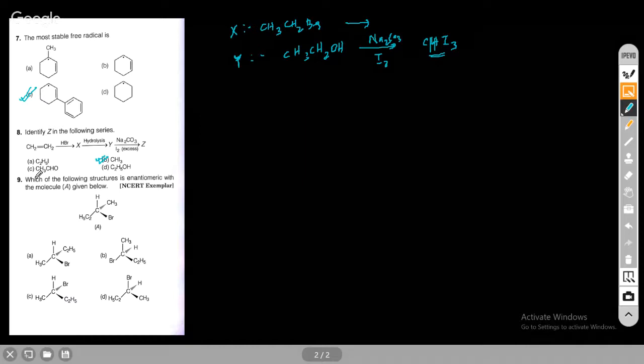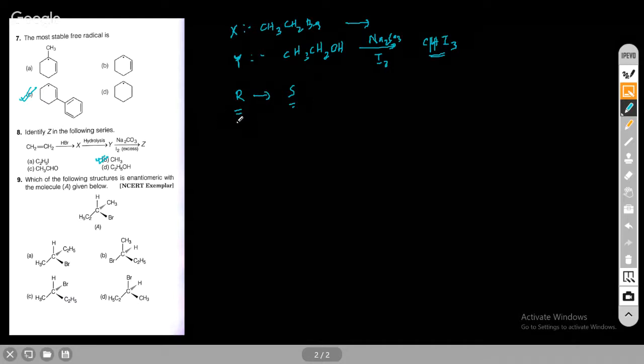Another thing is, for non-superimposable mirror image, if one molecule is R, the other one must be S. If molecular formula is same and the configuration is R or S, then the molecules are said to be enantiomers of each other. Correct? This also we have discussed.